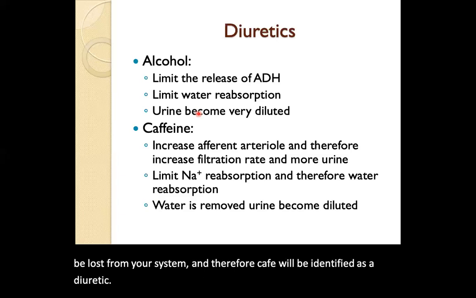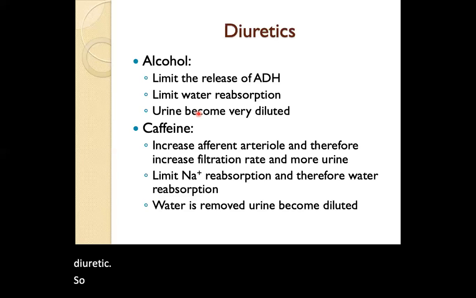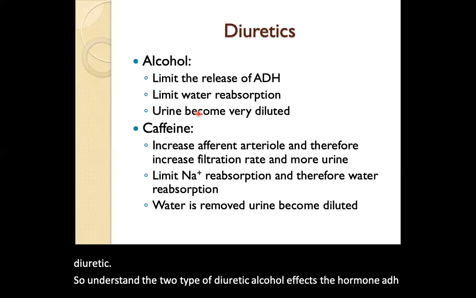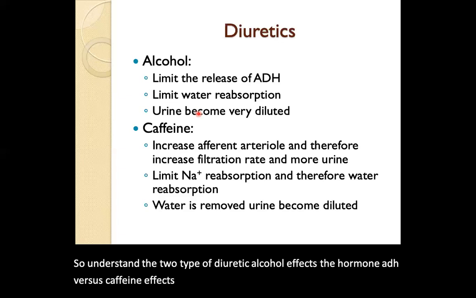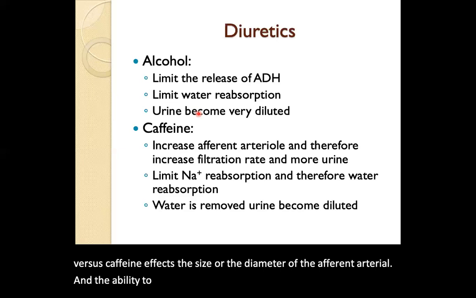So understand the two types of diuretic. Alcohol affects the hormone ADH, versus caffeine affects the diameter of the afferent arteriole and the ability to reclaim water through loss of sodium.